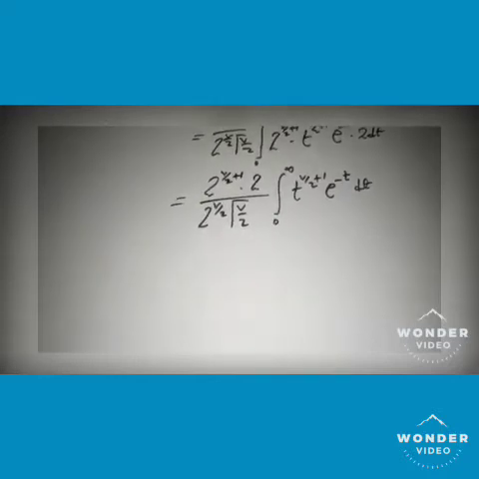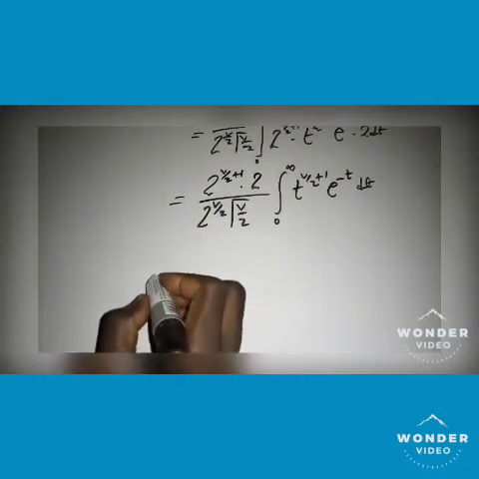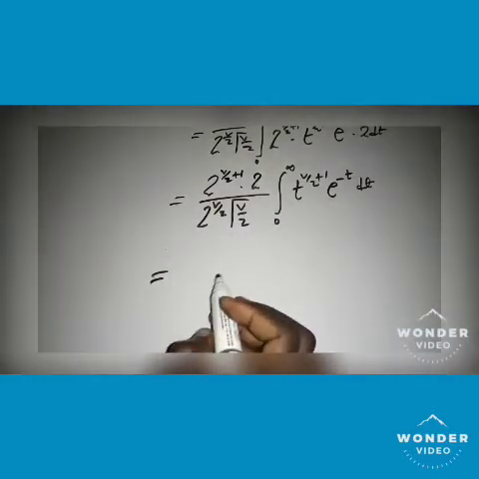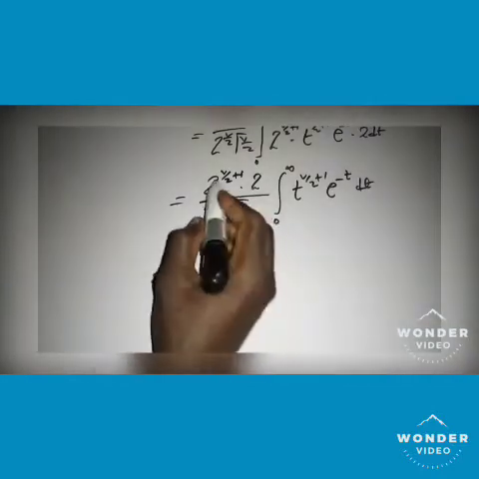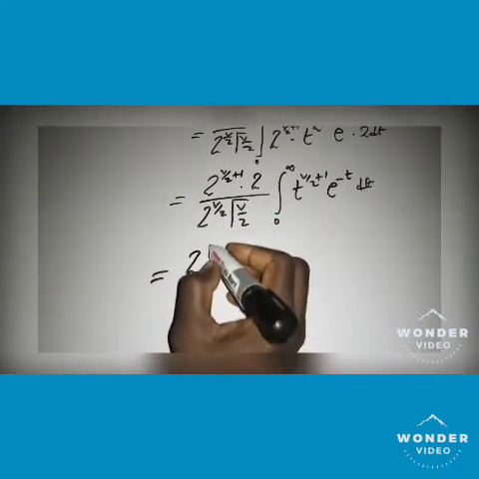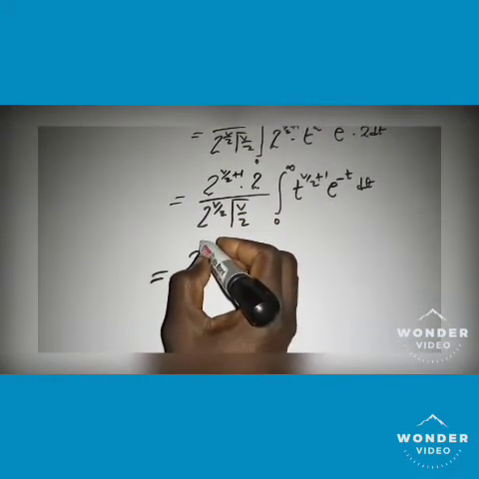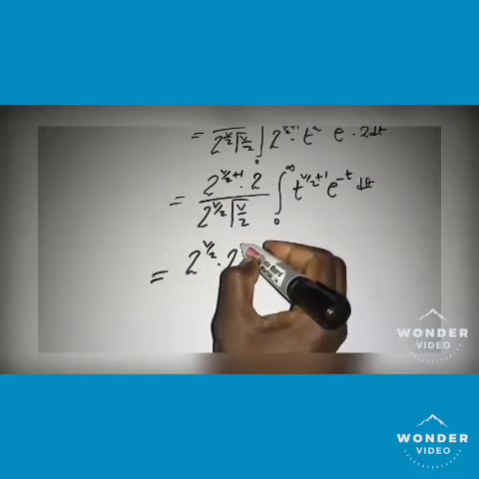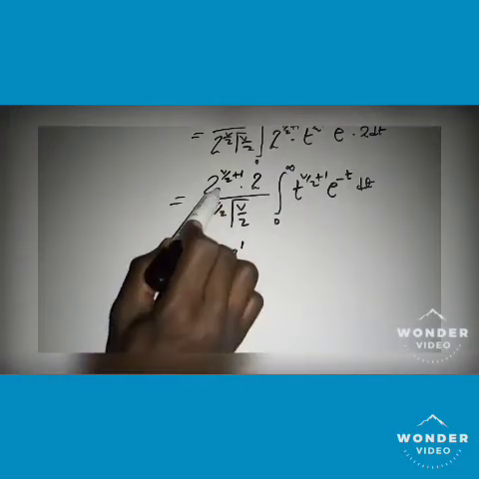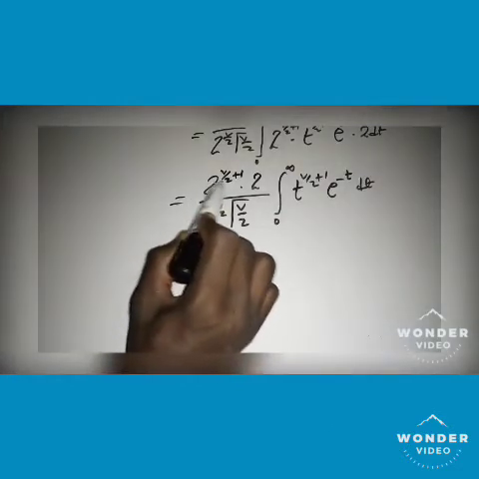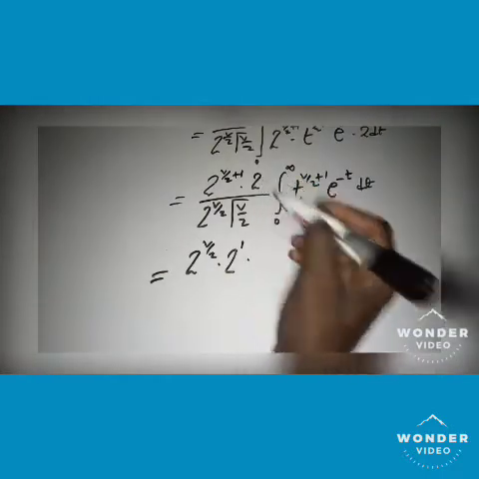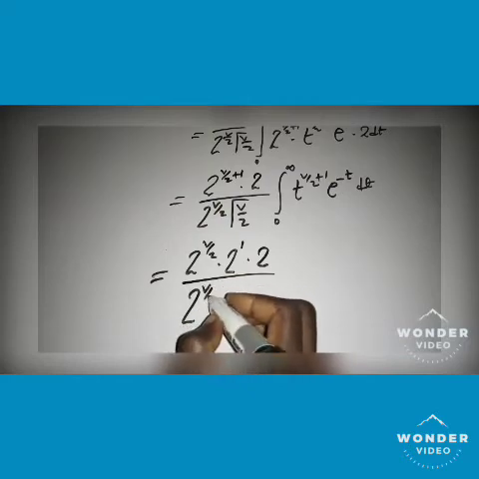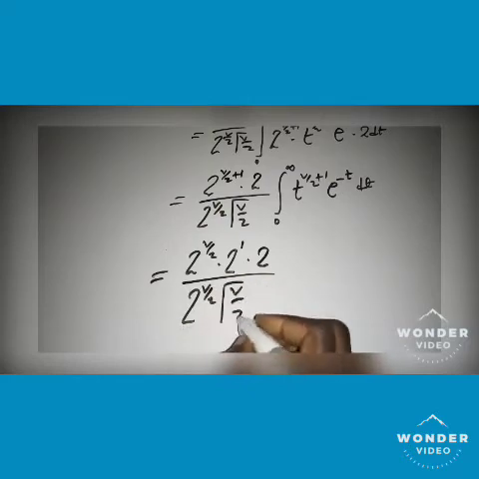Can you see? So I can now simplify the constant further, so as to reach the cancellation stage. Beginning with 2, we have 2 to the power of v over 2 times 2 to the power of 1, by splitting the first constant, then multiplying by 2 all over 2 to the power of v over 2 gamma of v over 2.